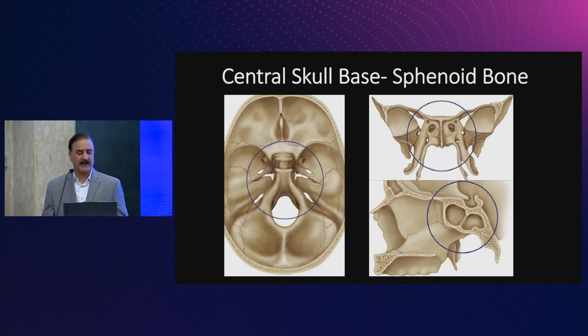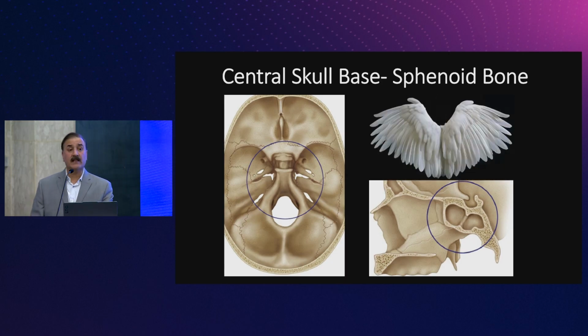You don't get to look at the lesser sphenoid wing on an axial image such as this. But when you put it coronally, you will see the greater wing, and then you see a lesser wing. If you look at this picture, it reminds you of a bat or a bird's wing, and that's exactly what it is.